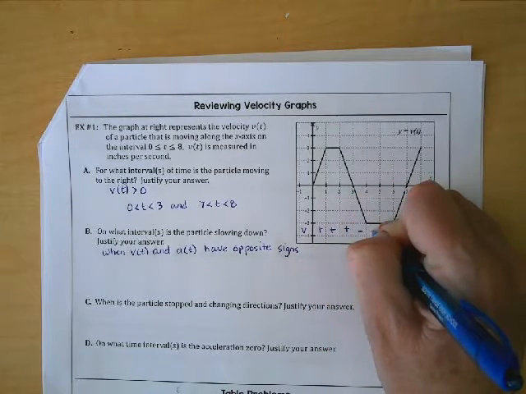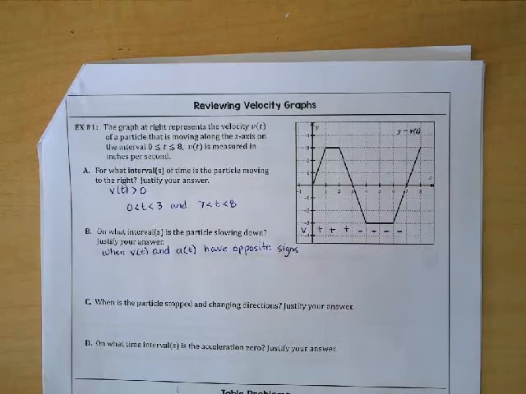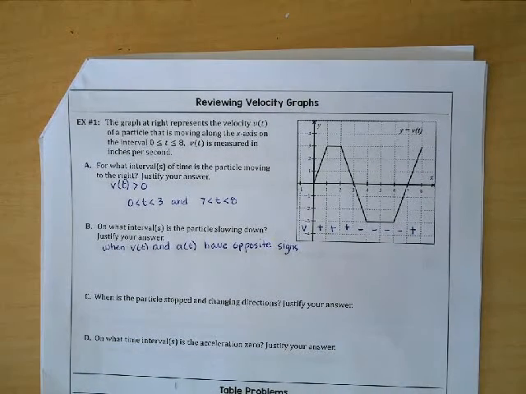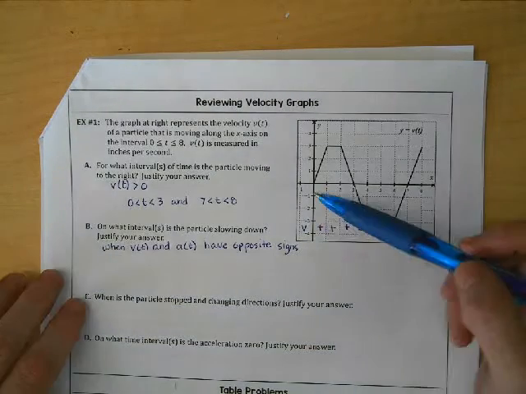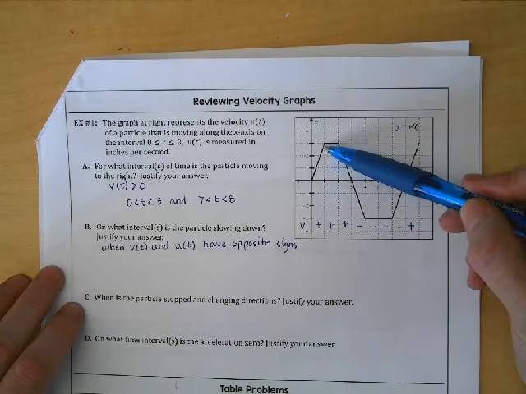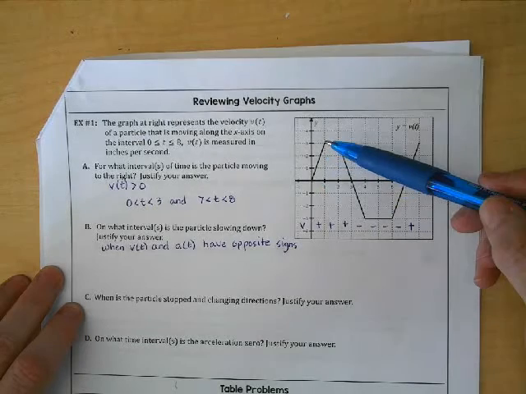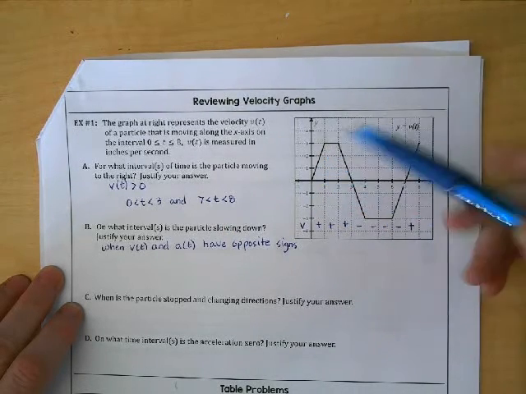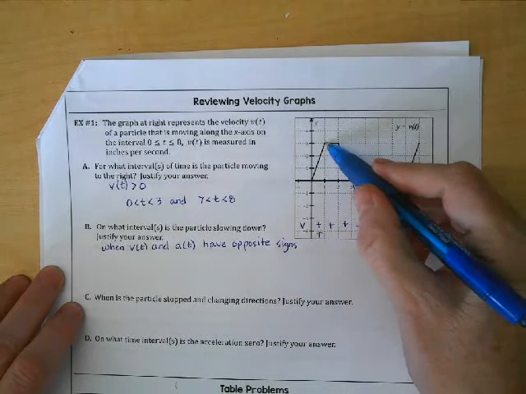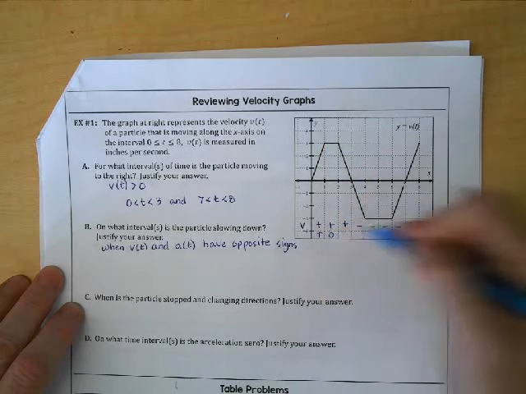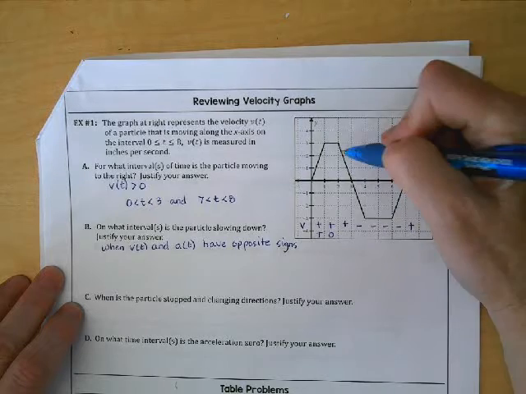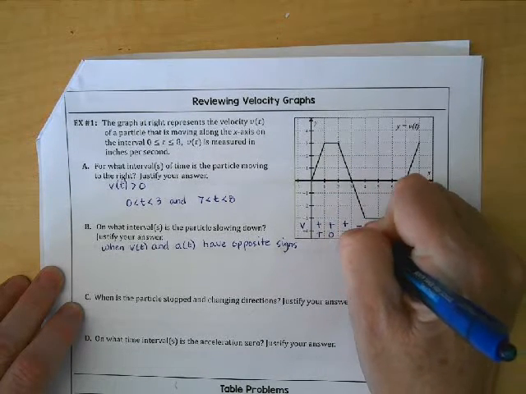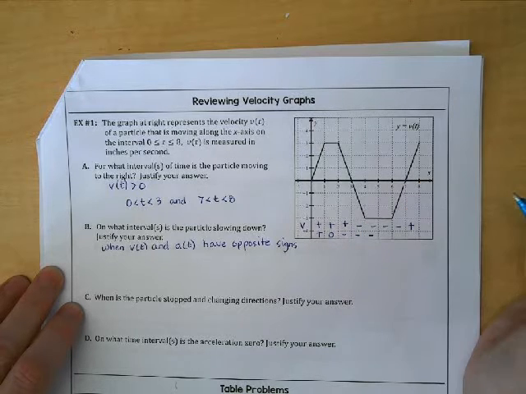When we are below the x-axis, velocity is negative. Now let's look at acceleration. Remember that acceleration is the slope, or the derivative, of velocity. In here, that slope is positive. Right here, velocity is constant, or we could say acceleration is 0. From 2 all the way to 4, that acceleration is negative.